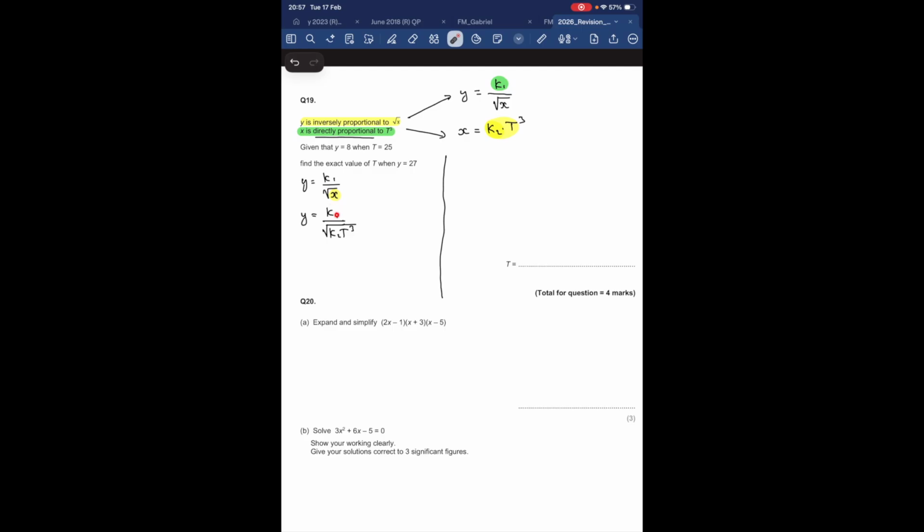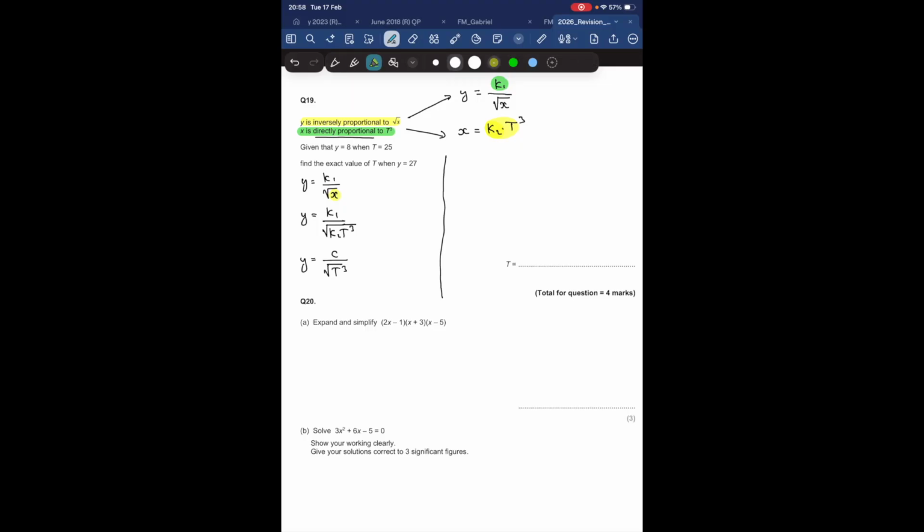Now we can simplify this expression even more if we recognize k1 and k2 are basically numbers, so we can combine them together, even though this has a square root in it, into a new constant, which I'm going to call C. Now, C I just made up, so I can rewrite this equation as y equals the new constant over the square root of t cubed.